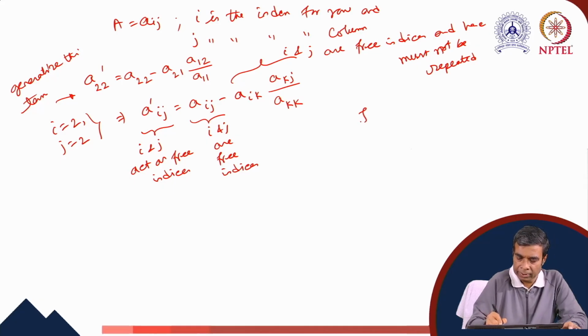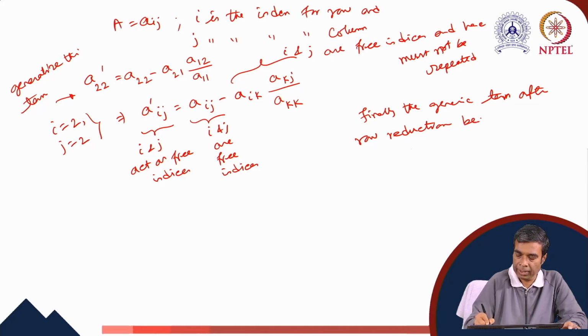So finally, the generic term after row reduction becomes Aij equals Aij minus Aik into Akj divided by Akk.